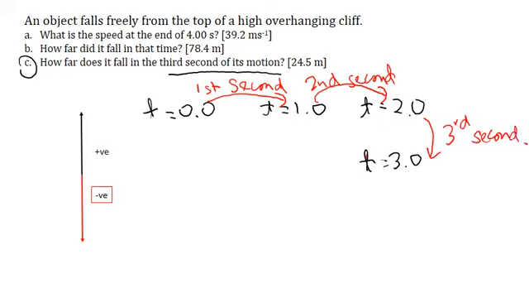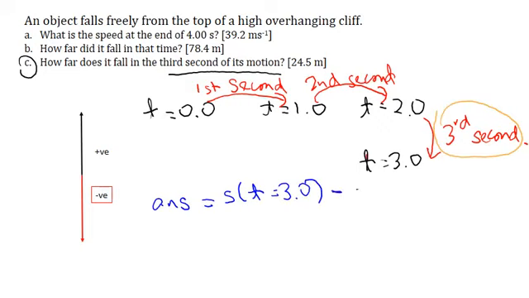So you're looking for this value, how far it falls during the third second. So what you have to do is your answer will just be your displacement at t equals 3 minus the displacement at t equals 2.